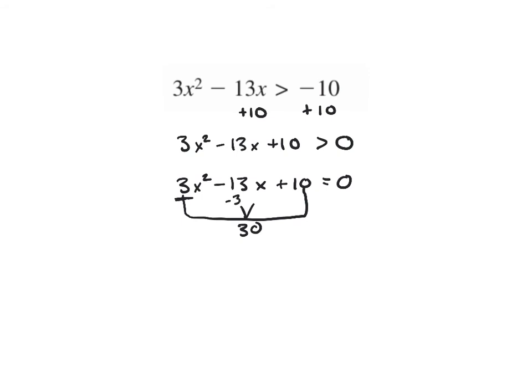Negative 3 and negative 10? Yep, that works. Could you also do 15 and negative 2? What is 15 times negative 2? Negative 30. Are we looking for a negative 30? No. So that would not work. So that was a good guess, it just wouldn't work. So we're going to put x minus 3 times x minus 10.